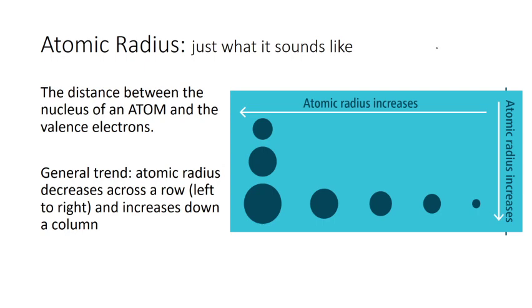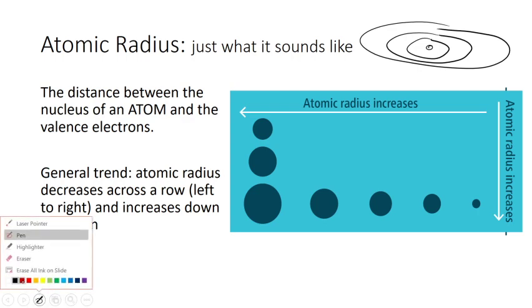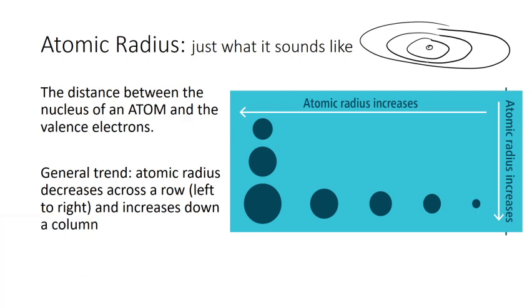This really is because of the nucleus, right? If we remember what our atom kind of looks like, we've got the nucleus there, and we've got the energy levels, and as we are adding energy levels and adding electrons into them, right? If you've got electrons here in the center, those are pretty close, right? The radius is not going to be that large.